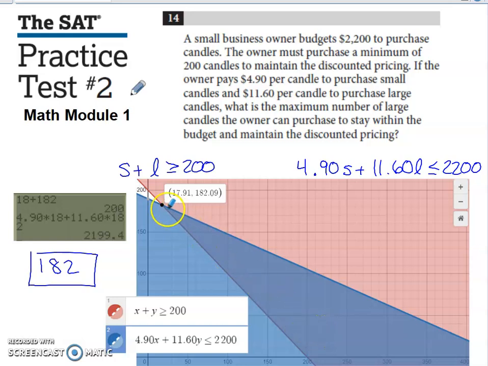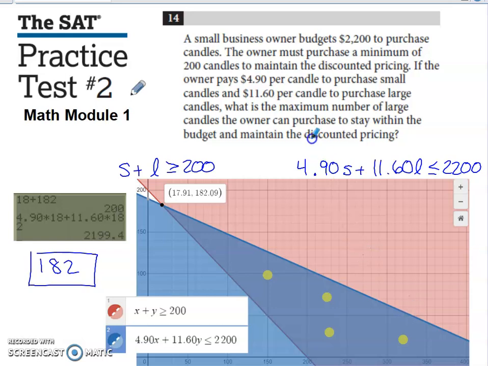If you look at where the overlap is, it's within this triangular portion of the graph, right, where we are above the red line and below the blue line. If I pick an ordered pair here, here, here, here, I am going to stay within budget and maintain the discounted pricing. So there are quite a few different answers for this system of inequalities.